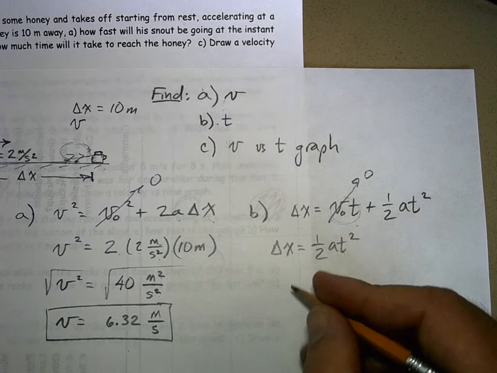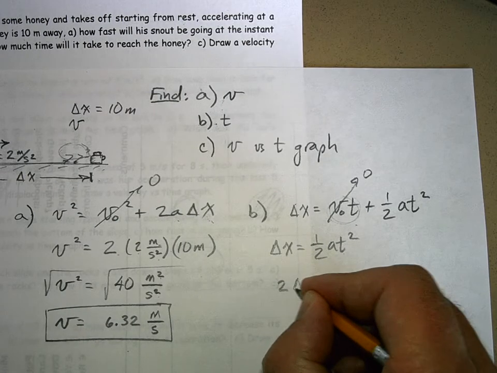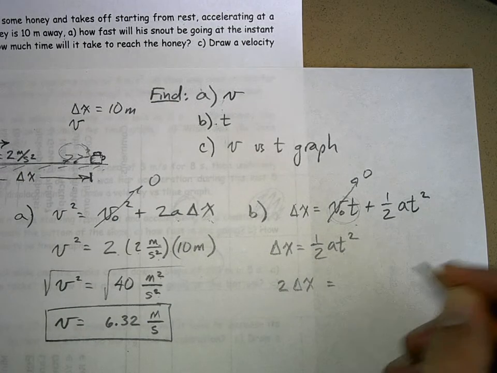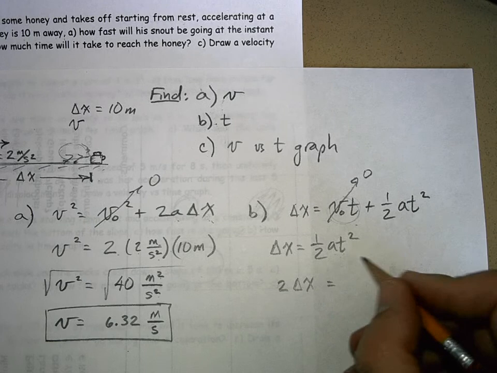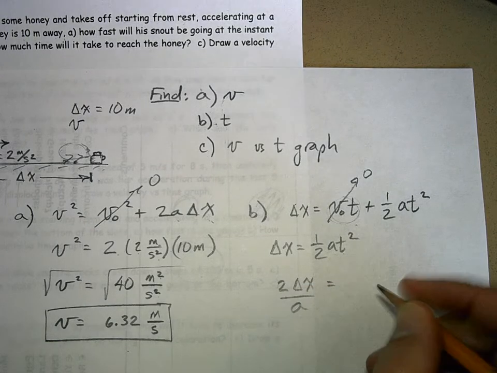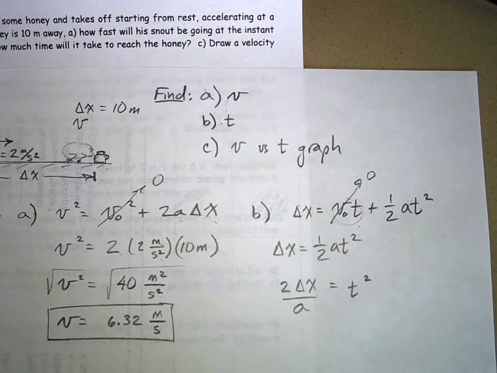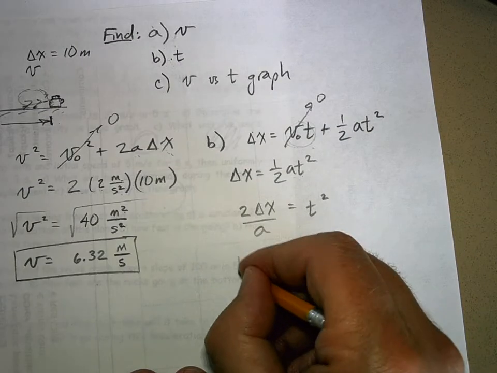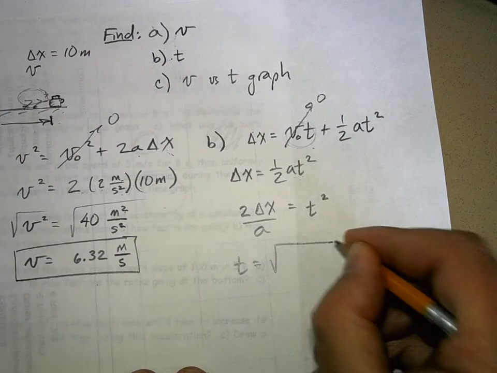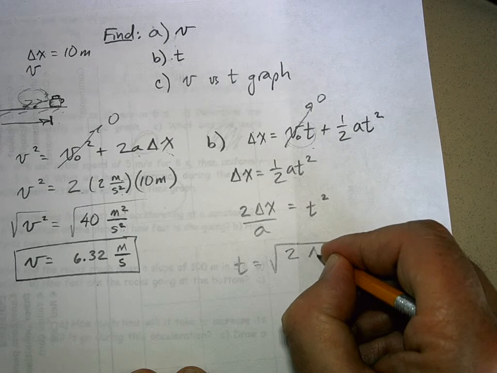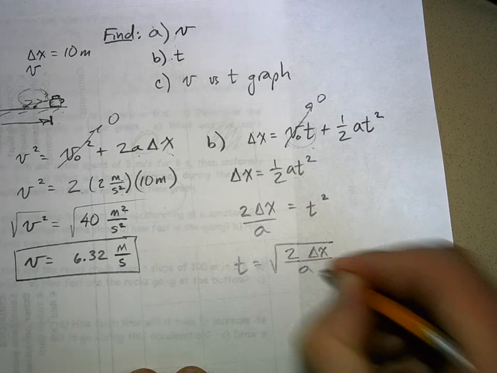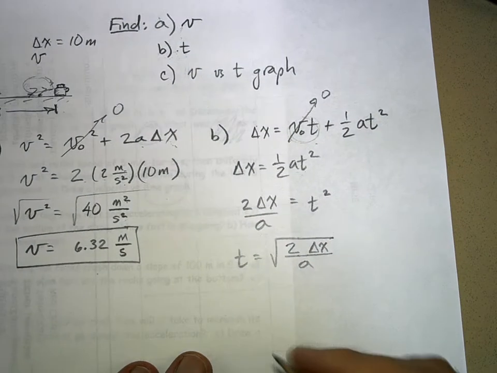I'm going to multiply both sides by 2. So 2 delta x equals, and then I'm going to divide both sides by the acceleration, equals t squared. So t is going to be equal to the square root of 2 delta x over a. And now I just need to plug in my values.